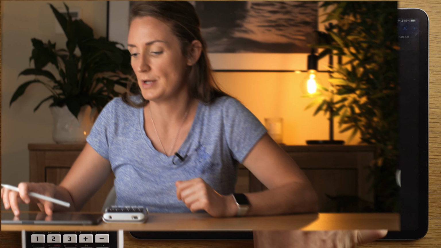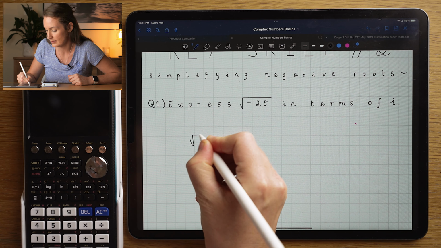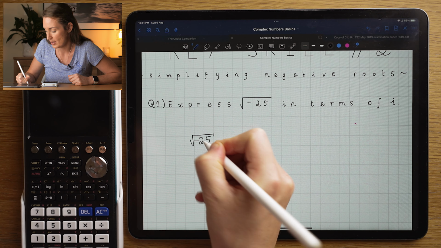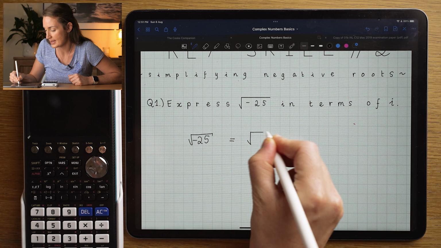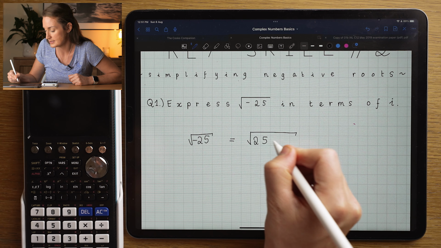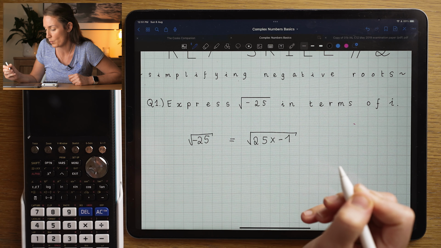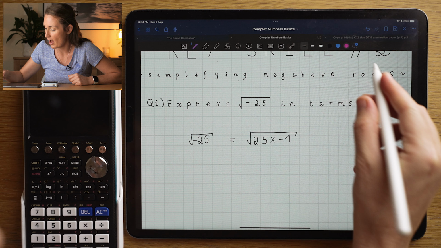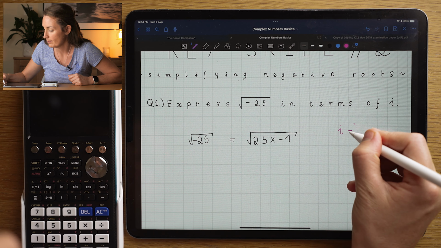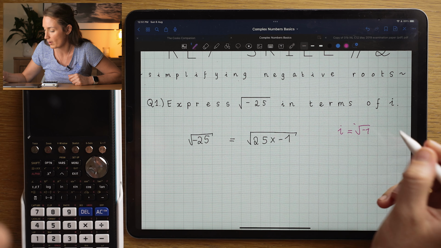What you want to do is take your square root and rewrite it as the number times -1. Don't forget that i is equal to the square root of -1.